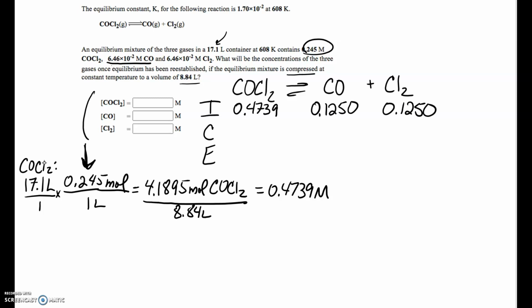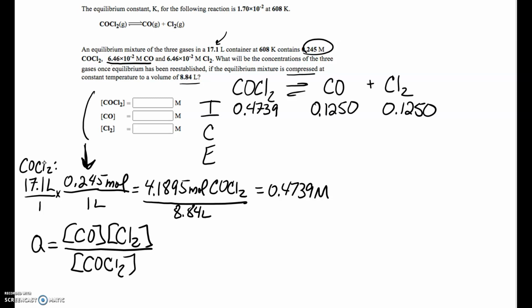So we have new concentrations, and these are not at equilibrium. We can calculate a Q to see which way this is going to have to shift in order to get back to the equilibrium where the K is equal to 1.70 times 10 to the negative 2. You can see that we calculate the Q exactly the same way as the K, because we're going to compare it to the K and see if it's greater or less than the K, so we'll know which way to shift it.